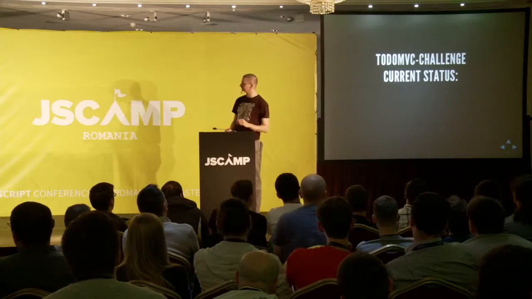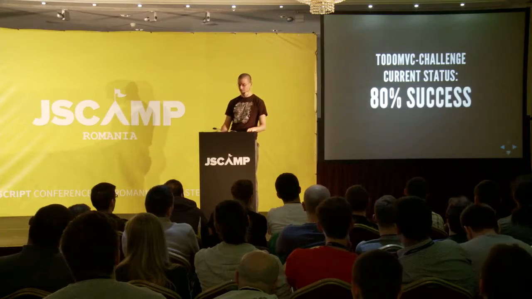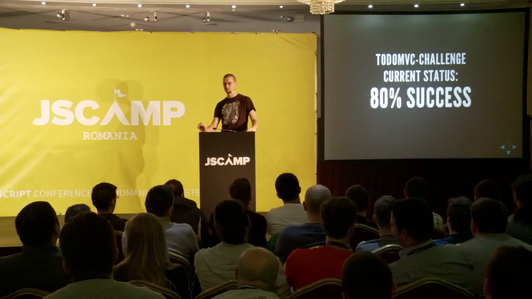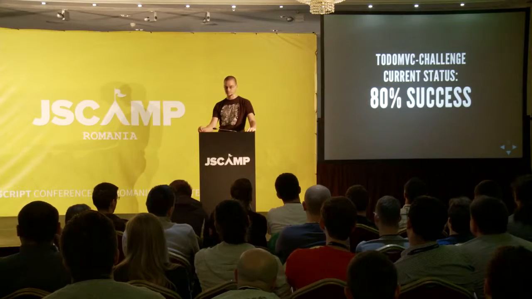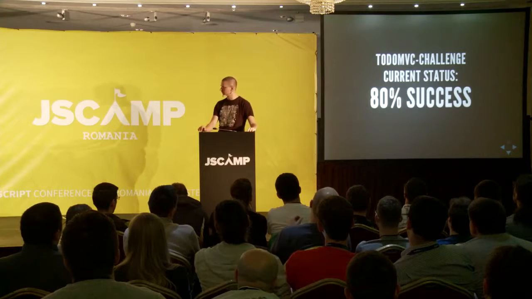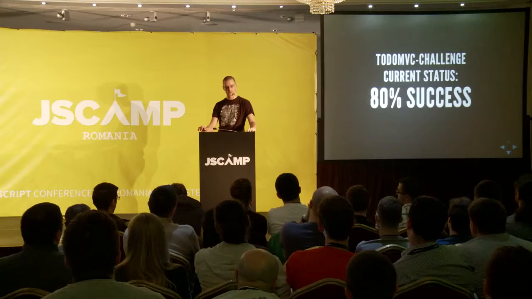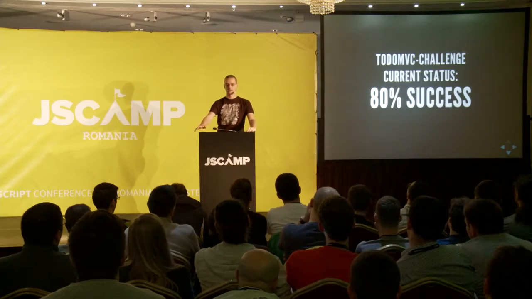And so the current status is, after we've done a massive bug fixing spree, that we're actually able to build 80% of the To-Do MVC applications. I would say that's quite a lot. The remaining 20% are really difficult to get. That's where we come to one of the downfalls of AssetGraph. In order for this to work, the data has to be inside the data model.